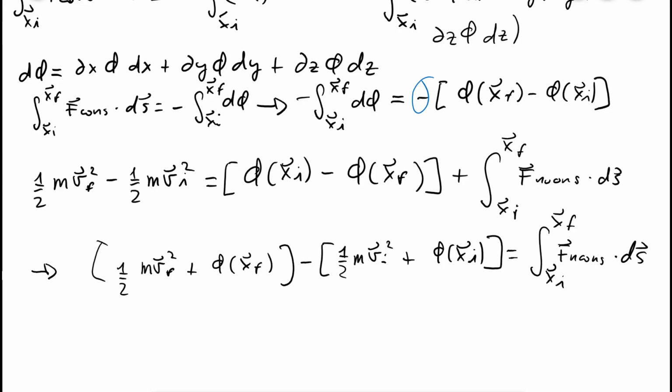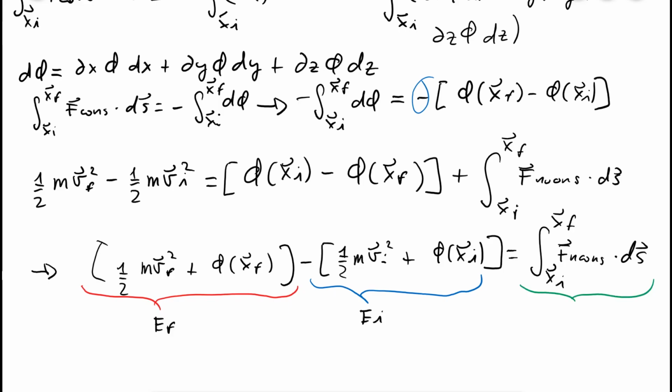And this is what's called the total final energy. This is the final energy, and this is called the total initial energy, and this is what's called the dissipated energy by the non-conservative forces.